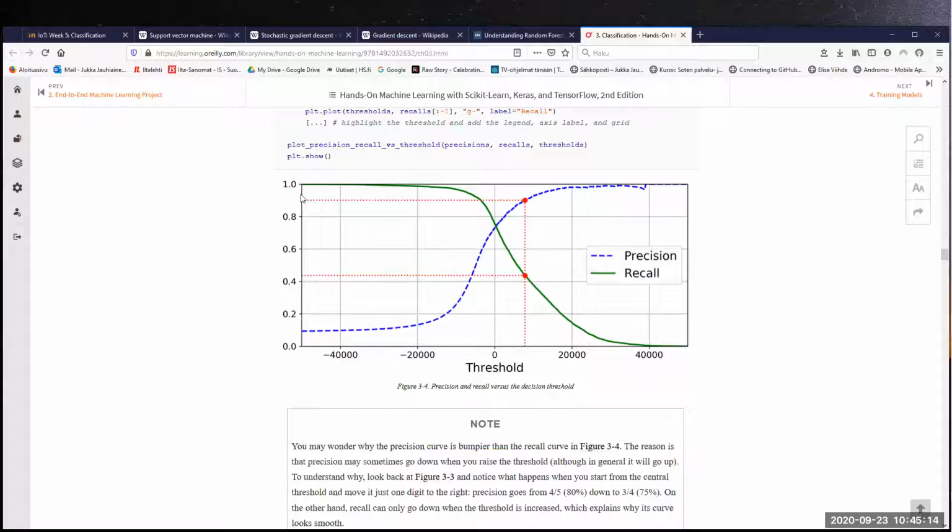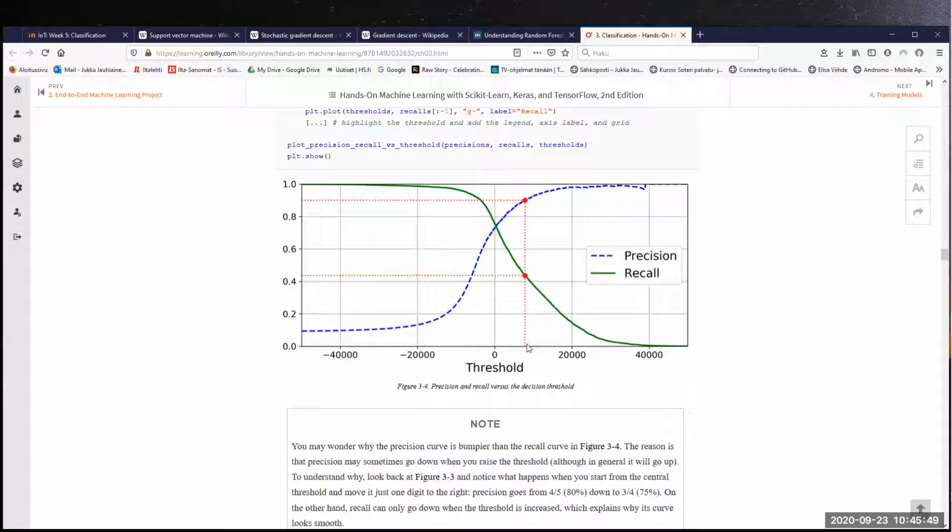But you can't have it 100%, so that you always classify everything right, because then, as you see, if you want this blue curve to go to 1, then the recall is very, very bad. And the other way around. So you have to make some reasonable compromise, for example, that you classify 90% of the cases correctly. And then you have recall about 0.4 something.